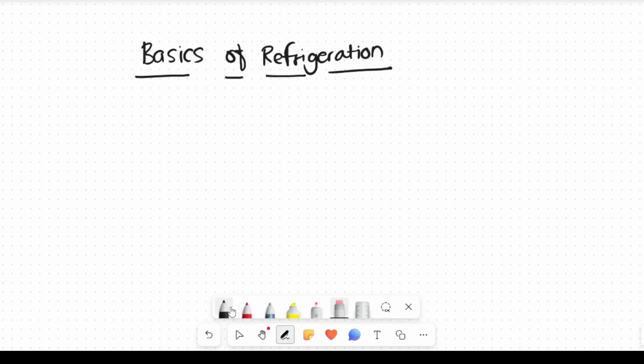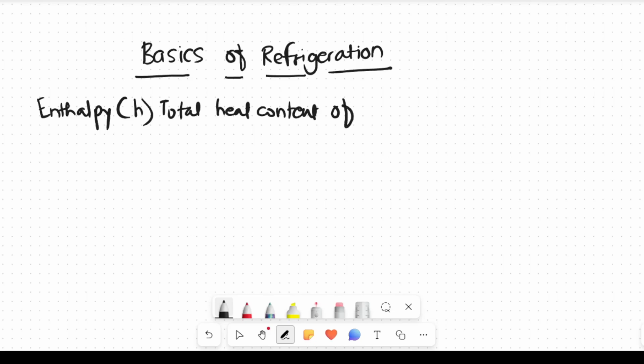Let us start with a very important thing, which is called enthalpy. In refrigeration, most of the time we use this enthalpy term. Enthalpy is nothing but the total heat content.